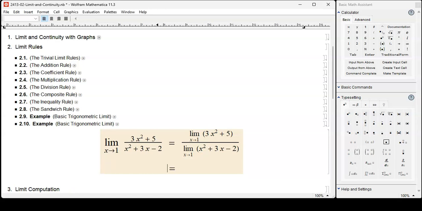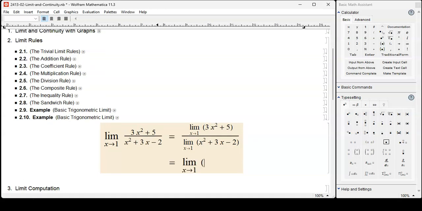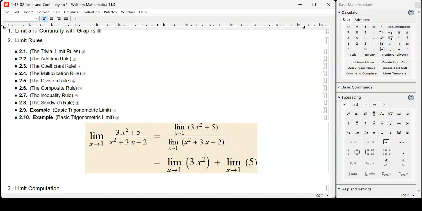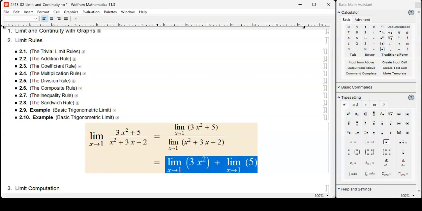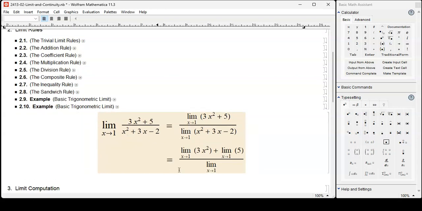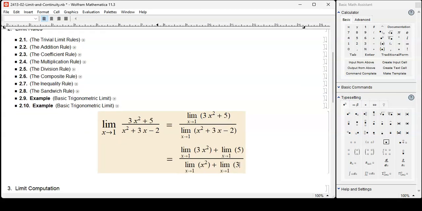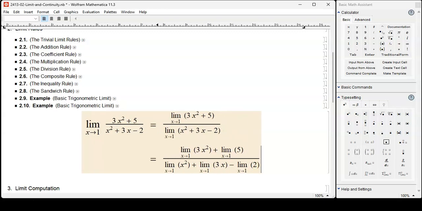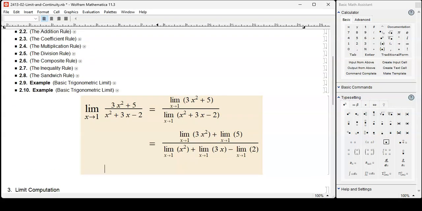Next, we can use the addition rule. The numerator can be decomposed like this: 3x squared plus limit of 5, and then divided by limit of x squared plus limit of 3x minus limit of 2. Basically the addition rule.